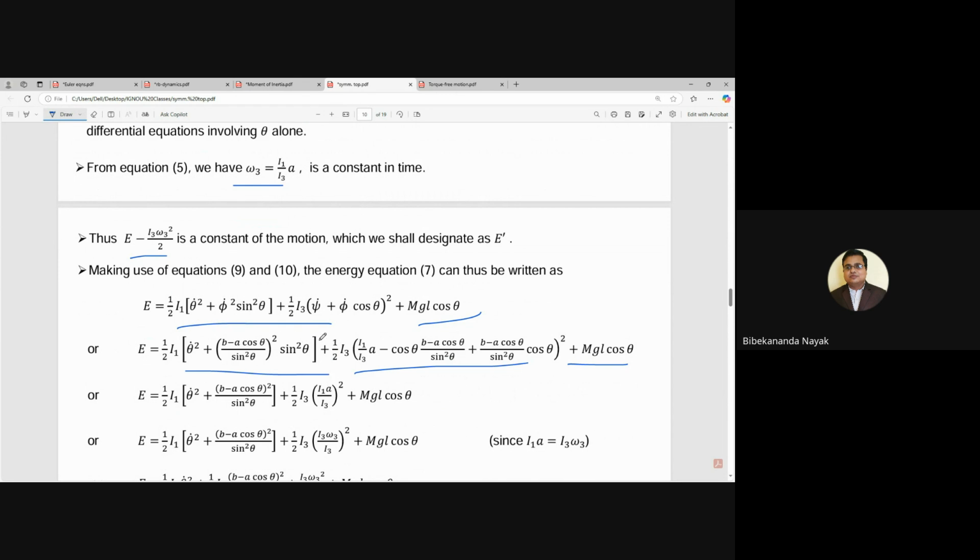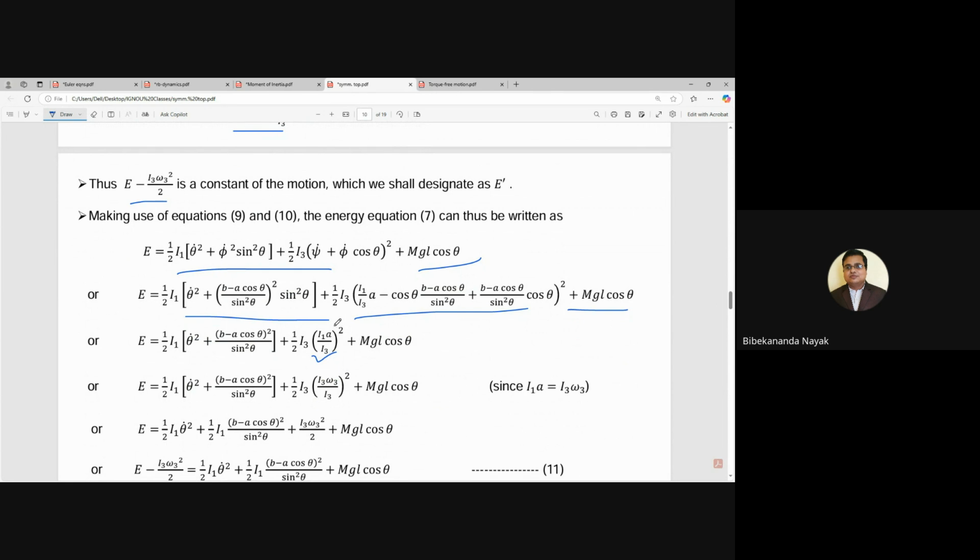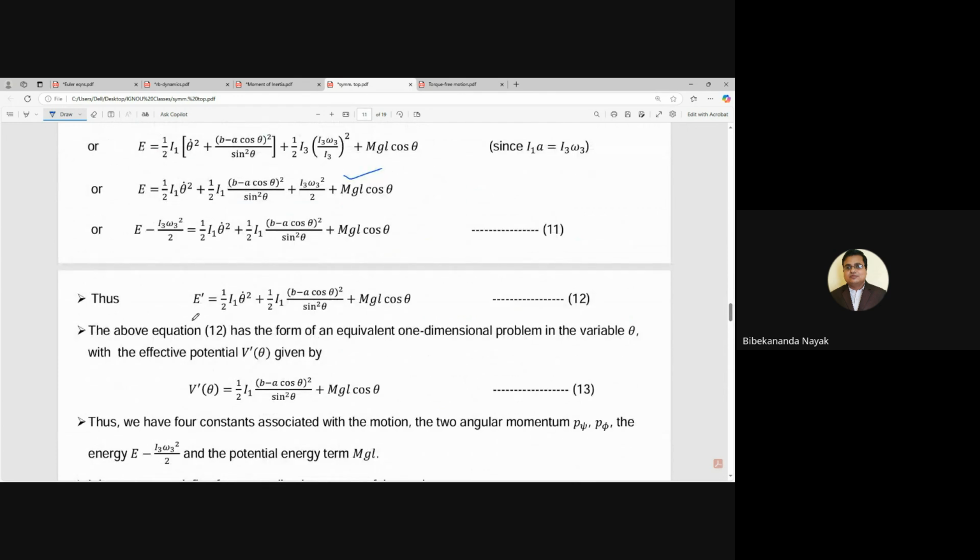If you simplify this, these two terms cancel, so only one term exists, I3 I1 A by I3. But I1A is equal to I3 omega 3, so you can put this. So it is I3 omega 3 square and mgl cos theta. So E minus I3 omega 3 square by 2, taking this to the other side, will be this I1 theta dot square plus mgl cos theta, which is E prime. It is another constant, so this is a constant of motion.